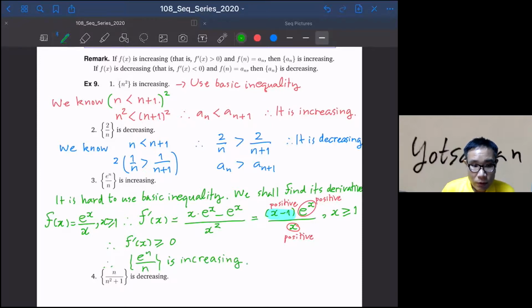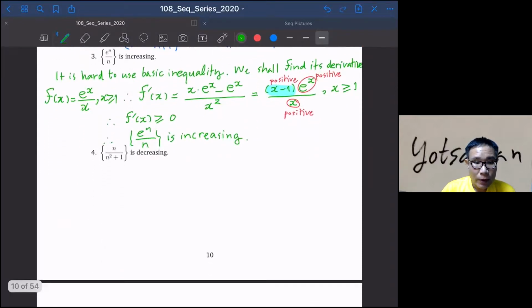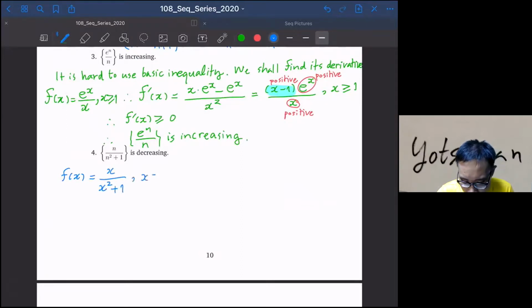Okay, so for number 4, I will let you work on this one first. For this one, you're going to have f(x) equal to x over x squared plus 1, and you have x greater than or equal to 1.